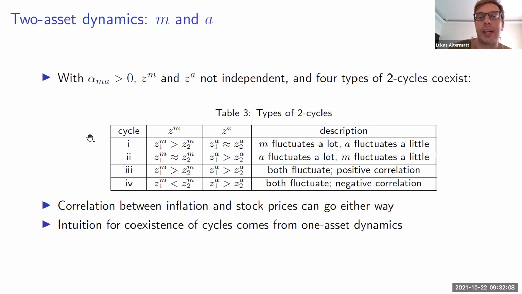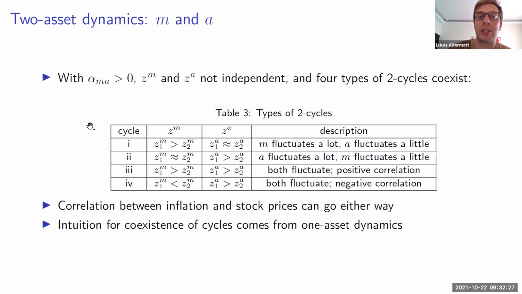If we allow money and assets to interact, there can already be a lot of cyclical equilibria. We can find four types of cyclical equilibria for the same parameters. They all coexist, and the theory cannot predict which one is more likely if parameters are such that they exist.